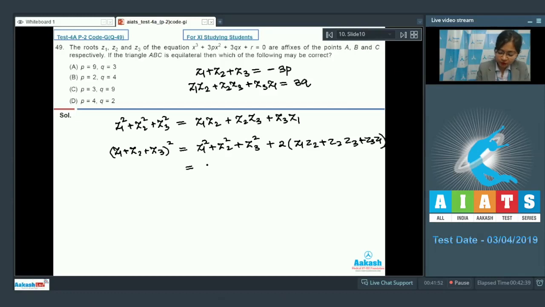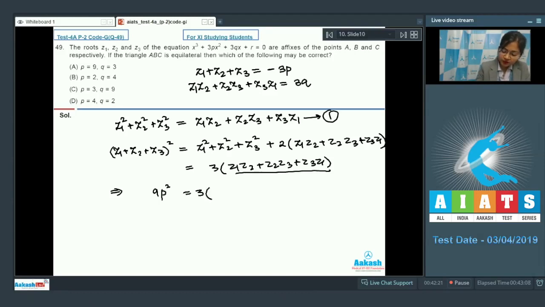Now this can be written equal to z1 square plus z2 square plus z3 square. From equation 1 it can be put here, so we will get directly 3 times z1 z2 plus z2 z3 plus z3 z1. This is what we get. So putting the value of z1 plus z2 plus z3 as minus 3p, we will get 9p square equal to 3 times.